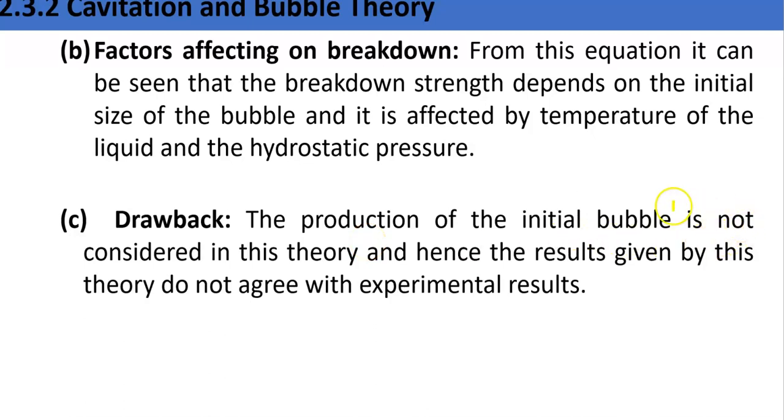But a bubble may also be in the liquid itself, like a suspended particle, so that is not considered. That reason might be there, that a bubble is itself present in the liquid, and if you consider that bubble in the liquid like an impurity, then definitely the breakdown voltage will be very low, but we do not consider it in the theory, so that is a drawback.